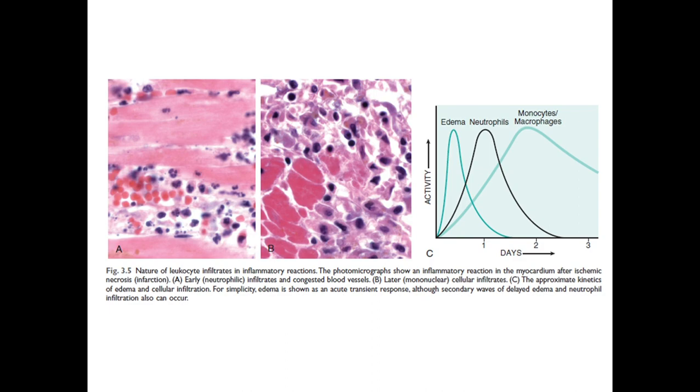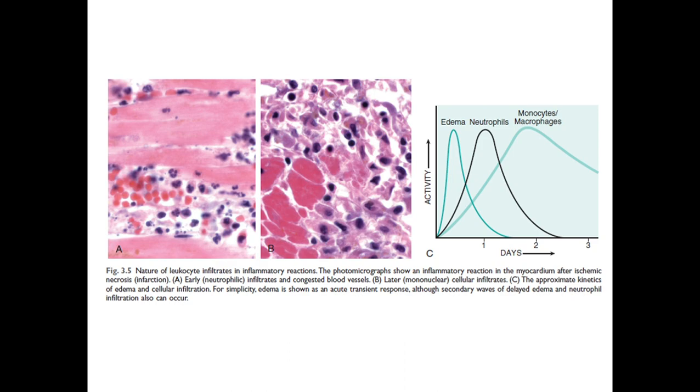Here we have a photomicrograph showing an inflammatory reaction in the myocardium after ischemic necrosis or infarction. A represents early neutrophilic infiltration. You notice here the neutrophils, which are polymorphonuclear leukocytes, with lobulated nuclei. The cells contain three- and four-lobed nuclei, which represent the neutrophils infiltrating, with a congested blood vessel, early.